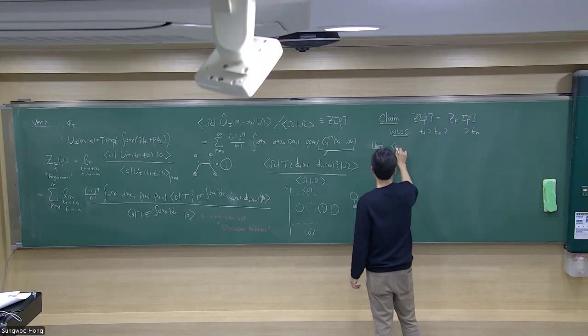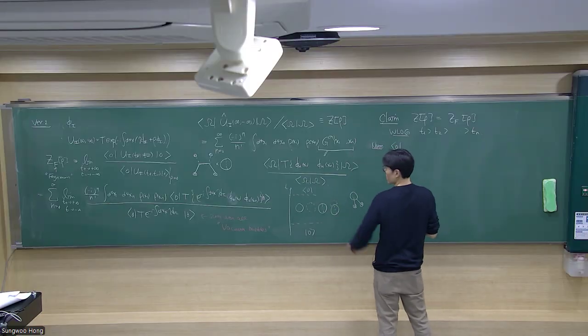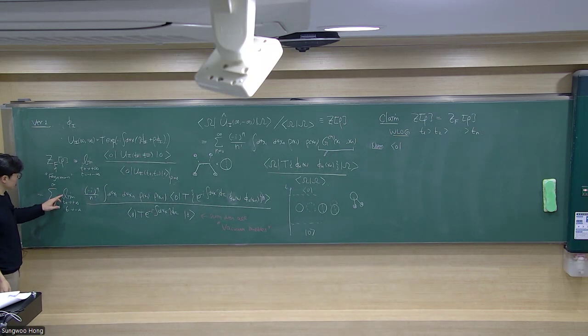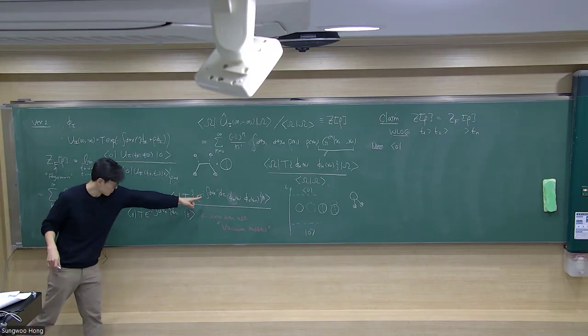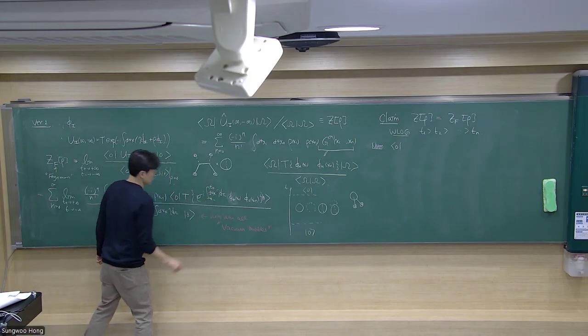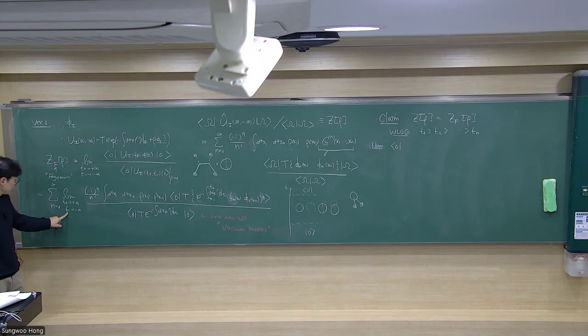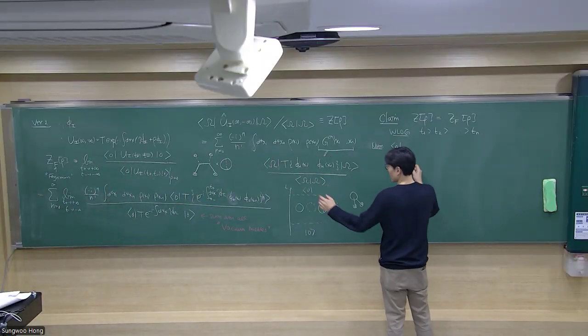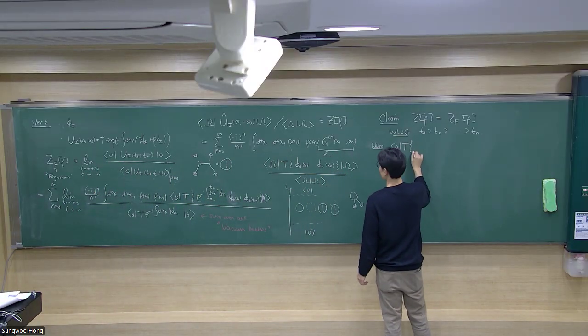Numerator, I can write it as this. Let's forget about the time limit for a second, because in the end, t sub plus goes to plus infinity, so you can take this to be the latest time in this expression. And since t sub minus goes to minus infinity, you can always take this to be the earliest time. Okay? With that, this expression can be written as, for now, let me just skip the time ordering.